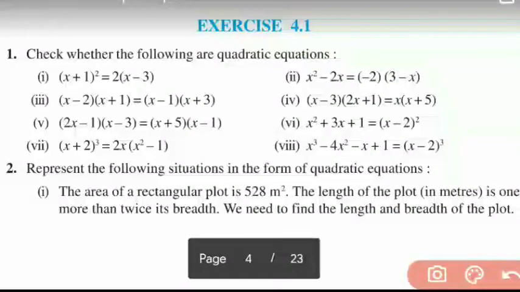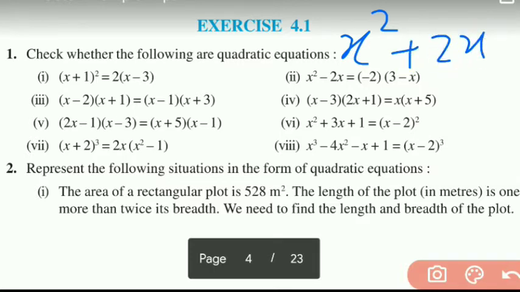We apply the identity (a + b)² = a² + 2ab + b², so we write x² + 2x + 1, and this is equal to 2x - 6 after multiplying.